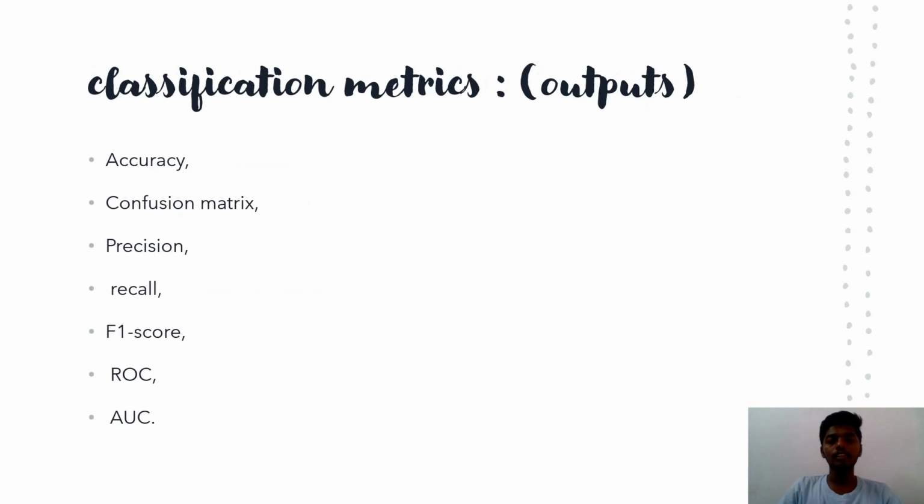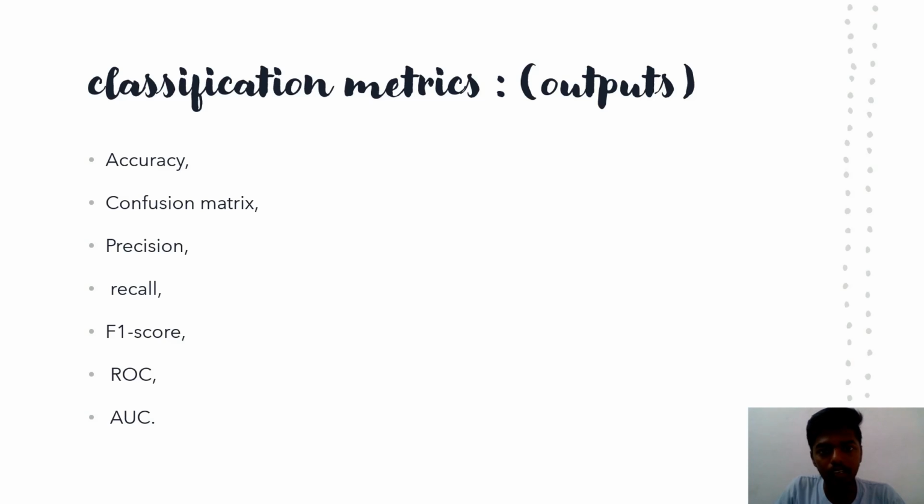How can we find the outputs from classification methods? We use classification metrics. By using these metrics, we can evaluate the outputs of classification models: accuracy, confusion matrix, precision, recall, F1 score, ROC curve, and AUC curve.